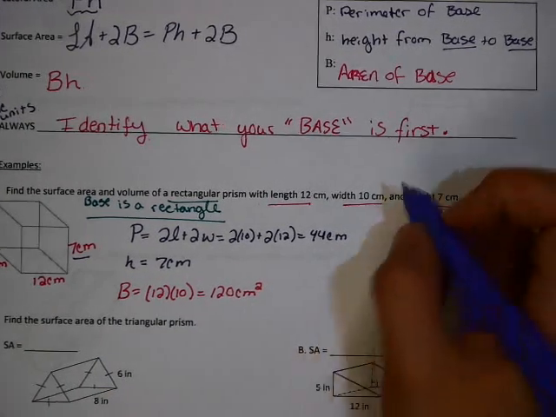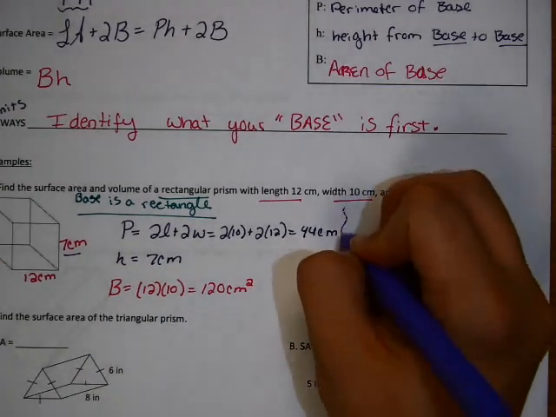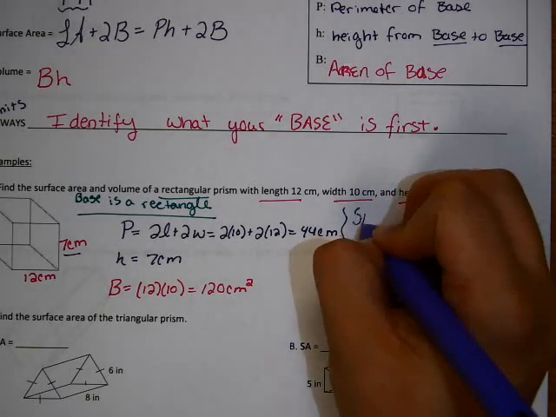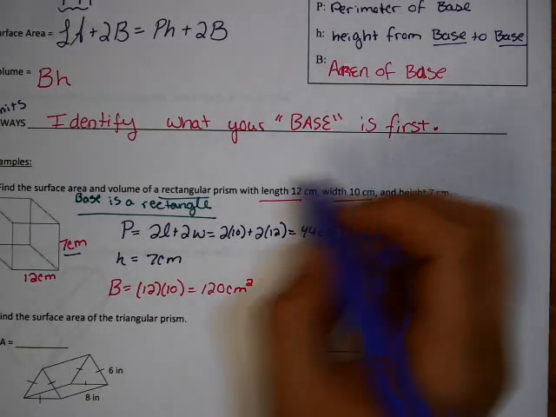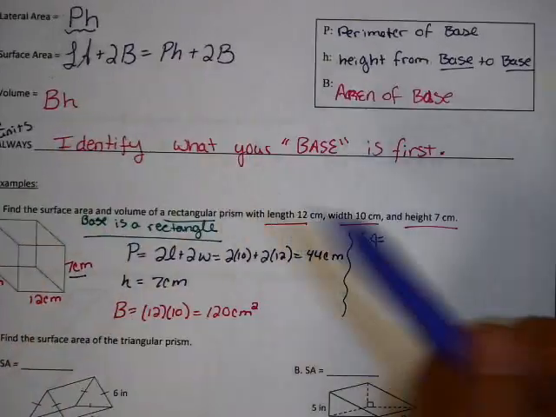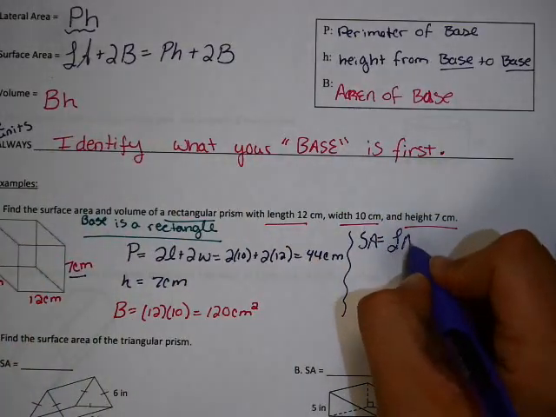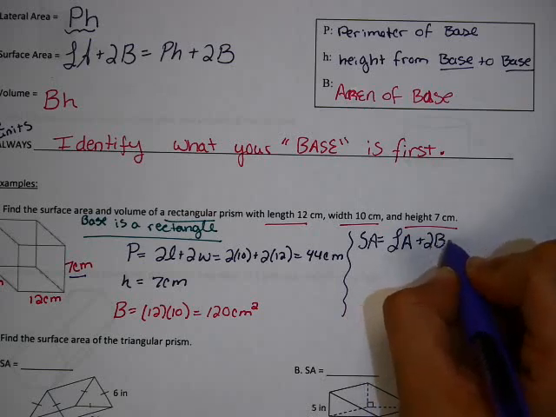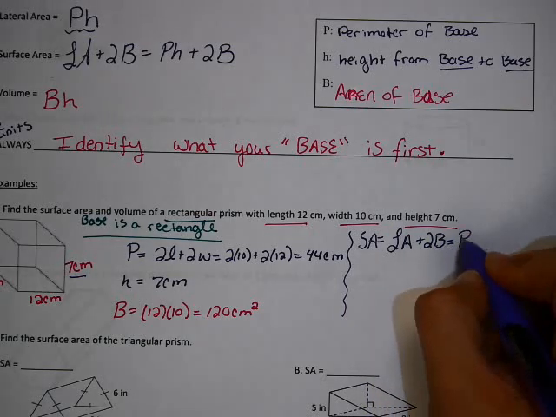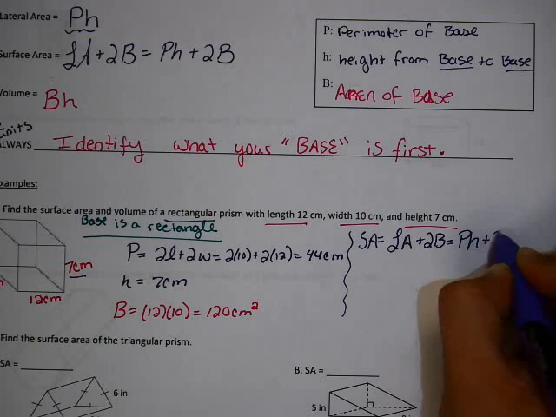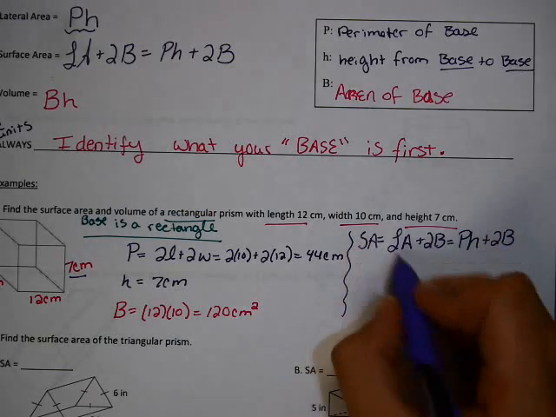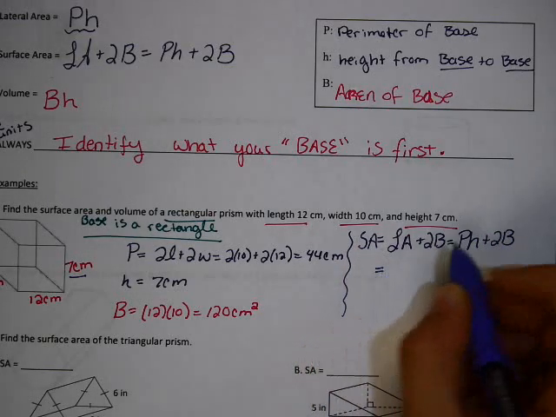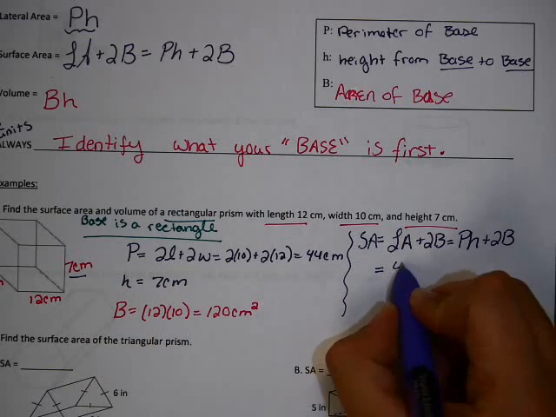All right, now let's find the surface area. So our surface area equation, as you see up here, is the lateral area plus 2 times the base, or in other words, the perimeter times the height plus 2 times the base. Okay. So we have our perimeter is 44.